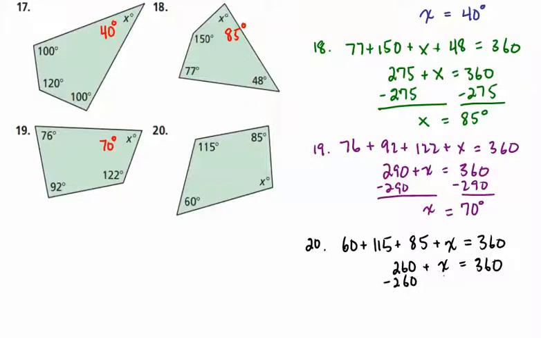Using the subtraction property of equality, subtracting 260 from both sides, we end up with x is equal to 100 degrees. And I'll write that in. And so that is how we solve these types of geometric problems involving quadrilaterals with one unknown angle.